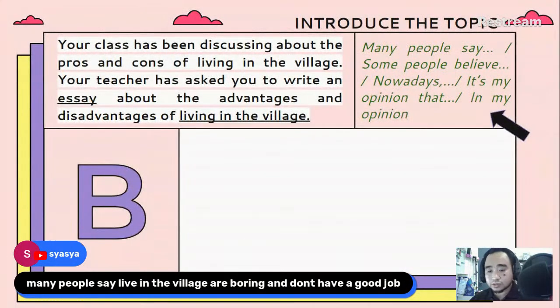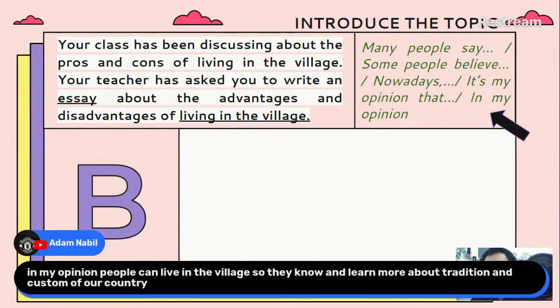So many people say that living in the village is boring and doesn't have a good job. In my opinion, people can live in the village so they know and learn more about tradition and custom of our country. This is content. We are talking about introduction. You already give the content here. We should just focus on introducing the topic. However, it's a good effort, good job.